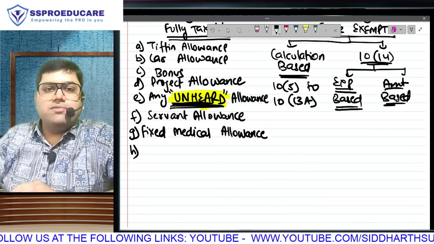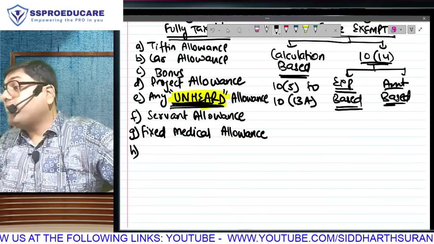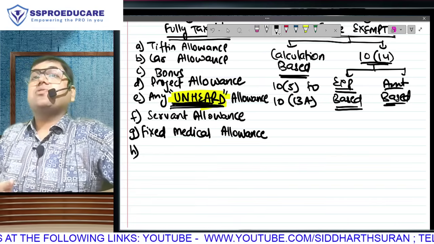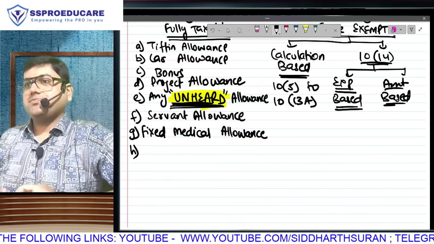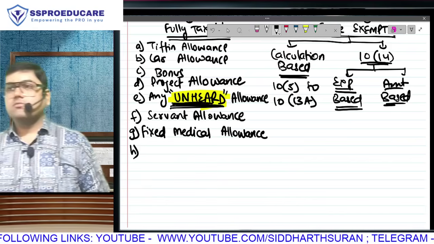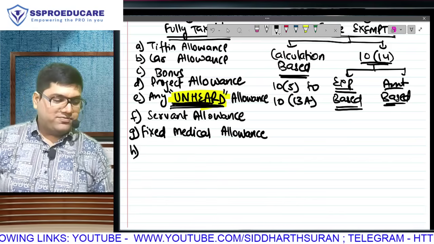Because if I tell you the name, you will start banging your own head on the tables. Like, how am I so dumb? How can I not know this? One allowance which is fully taxable.